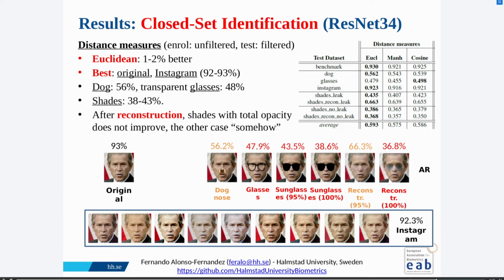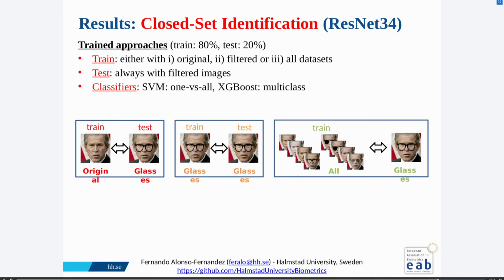With all the others, just occluding the nose or occluding the eyes with different types of glasses, performance decreases dramatically, especially if we occlude the eyes. And after reconstruction, we get some improvement, but still we are not able to get the same performance as the original pictures where there is no eye occlusion at all.